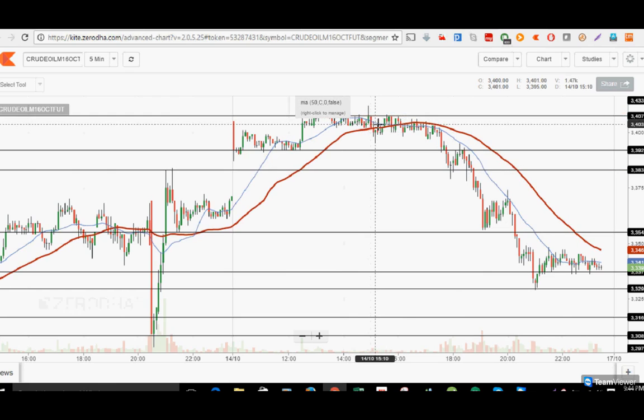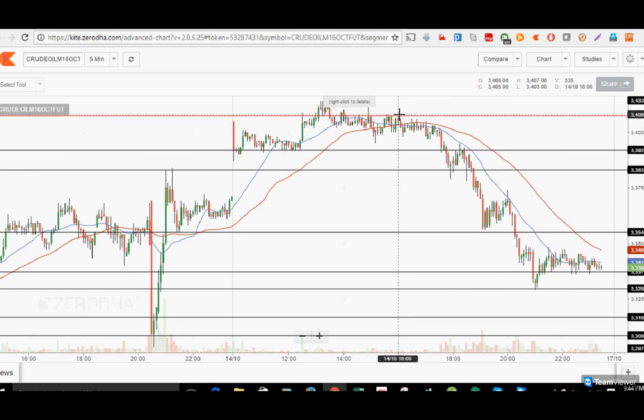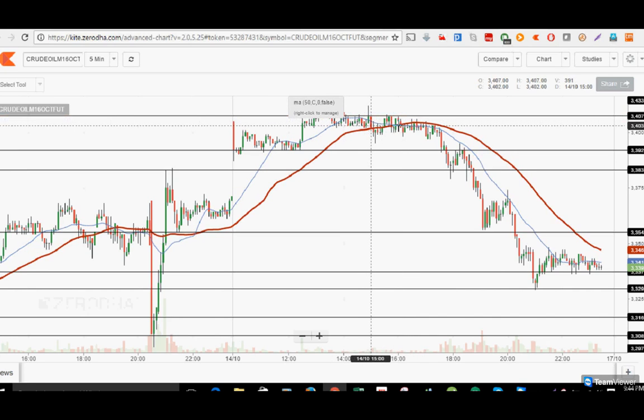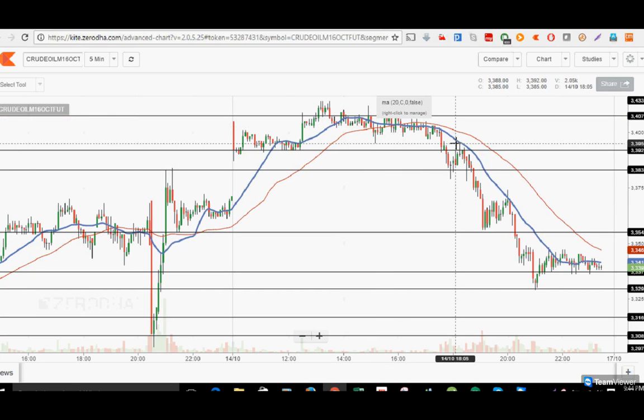Suppose, for example, here around 4 o'clock I took a short because the crossover had already happened here. The candle made some high of 3405 or somewhere, but still I can short here because I'm pretty confident that since the gap is reducing, it will cross over. Again, it's just a probability.